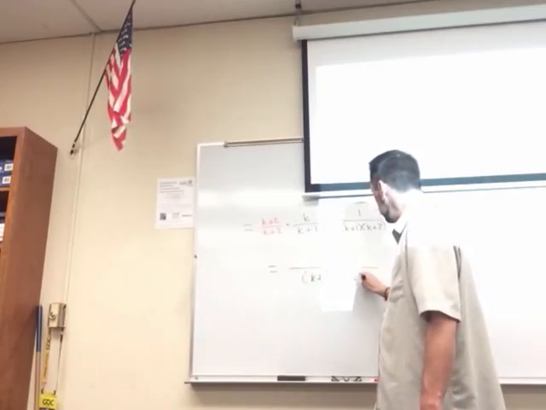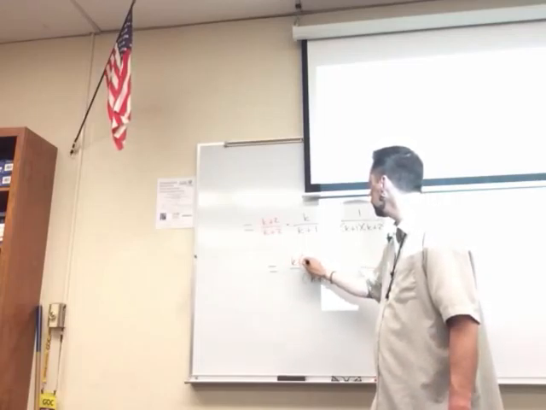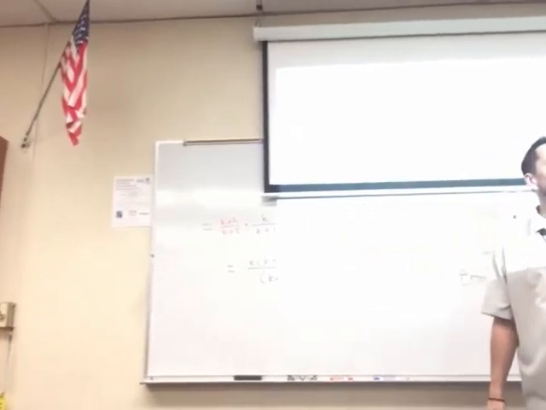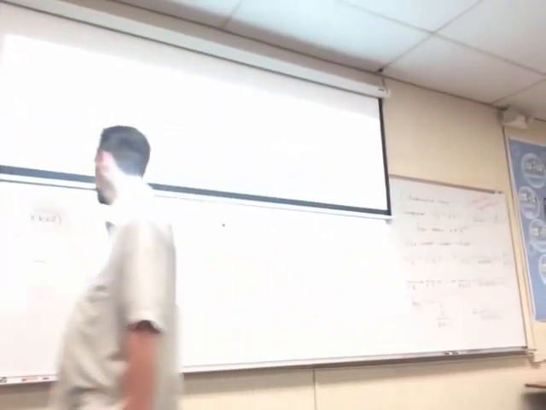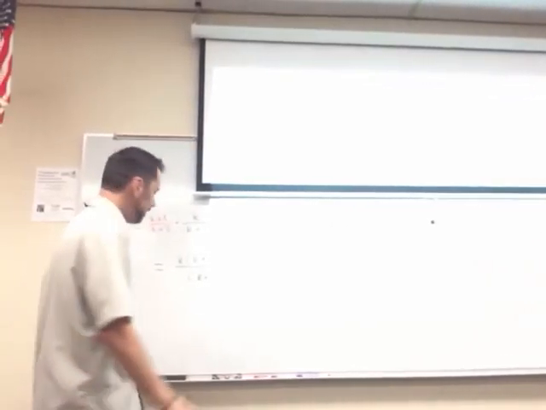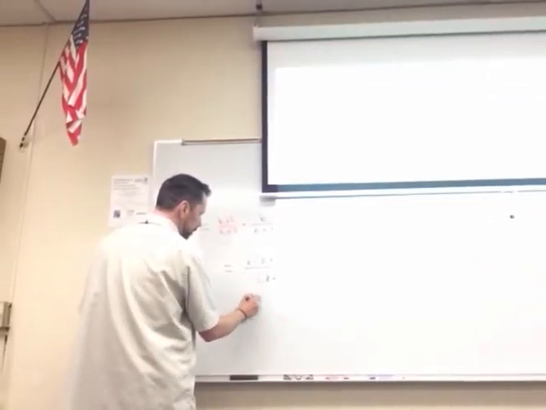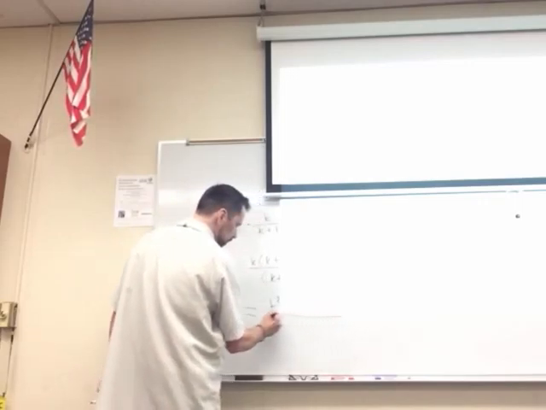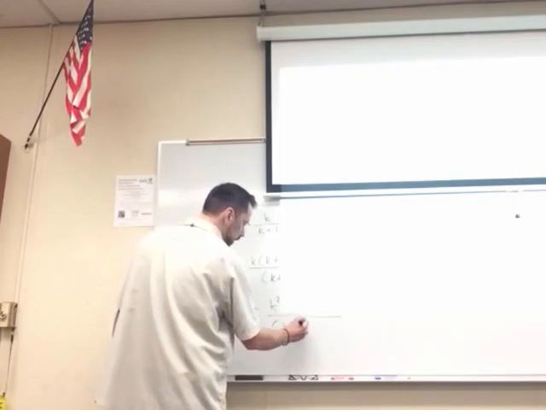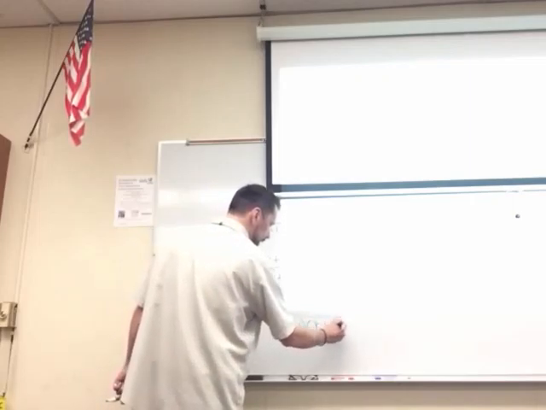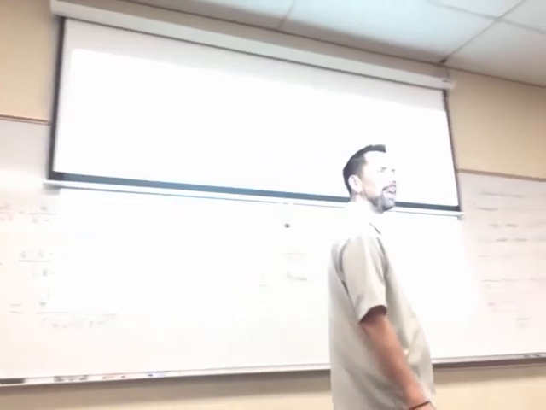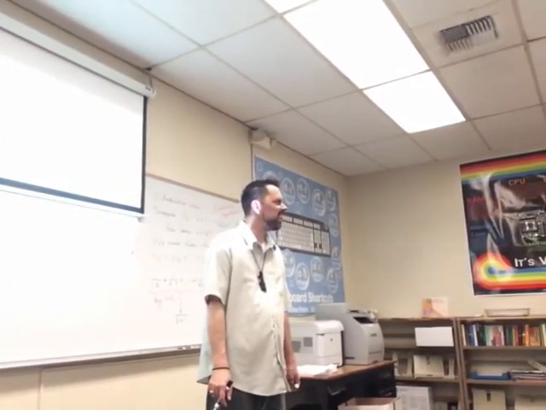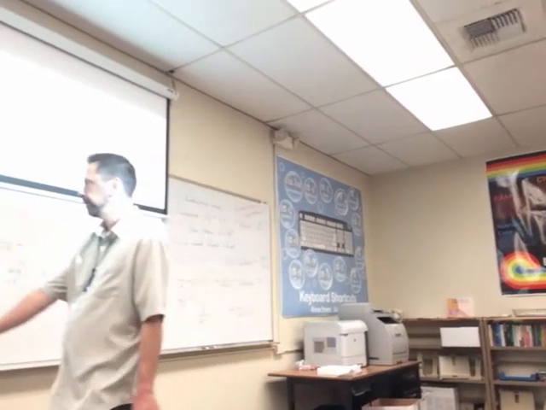On top, it's going to be k times k plus 2, plus 1. See where this is going? K times k plus 2 is k squared plus 2k, plus 1. And that's over k plus 1 times k plus 2. So what do I need to do with that? Factor. I need to factor on top.